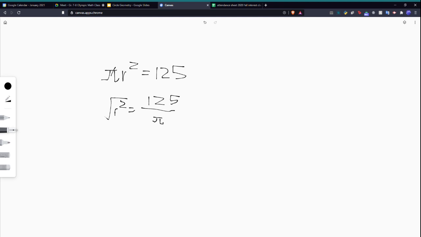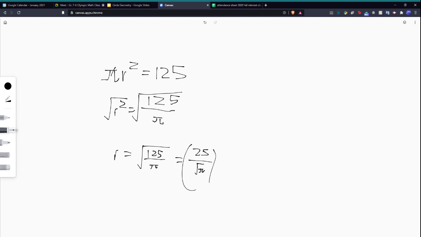Then we take the square root of both sides, so the squared term on the r is gone. Then we have r is equal to the square root of 125 divided by pi. If you want to simplify this further, you can take the square root of 125, which would be 25 over the square root of pi. Can't really simplify square root pi any further, so just leave it like that.